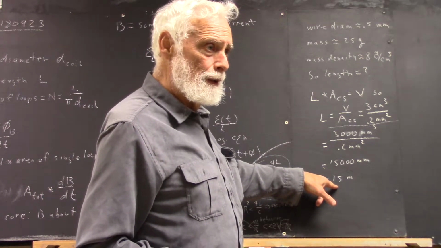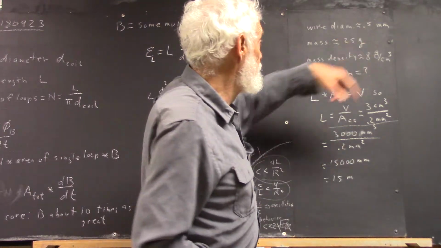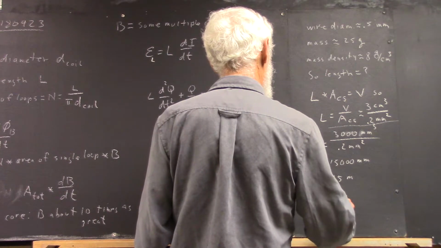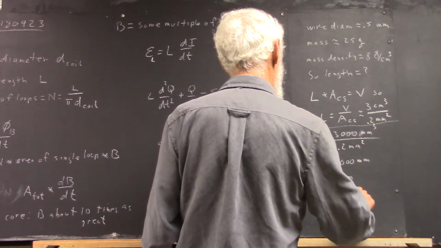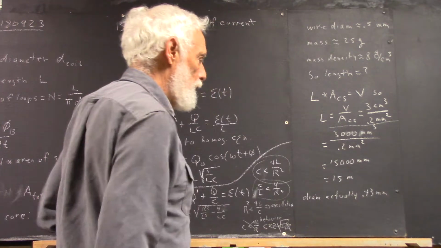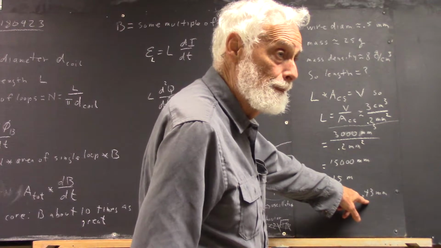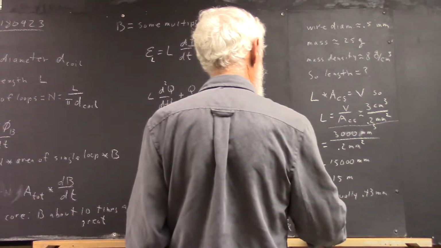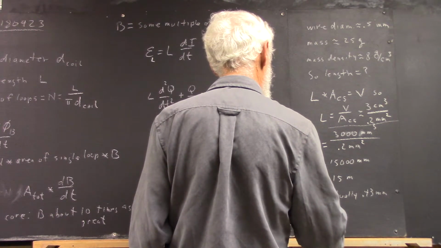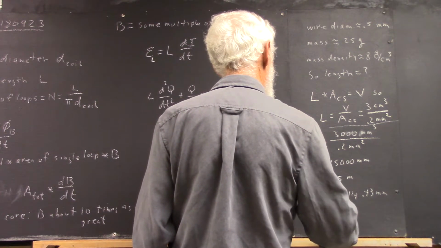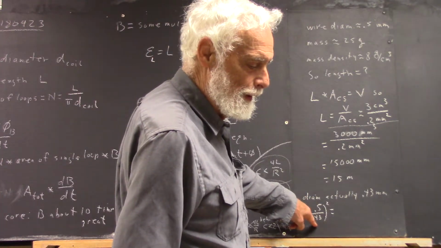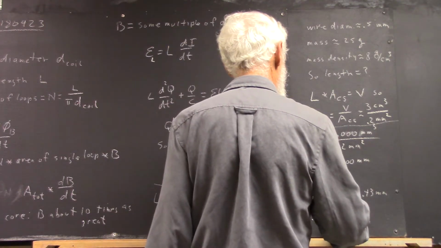We're going to use it, and we're actually going to adapt that for the fact that the diameter is actually 0.43 millimeters, and 0.5 over 0.43 squared, that's like 25 over 19, that's about 1.3.